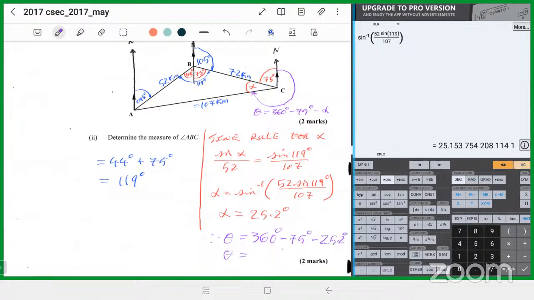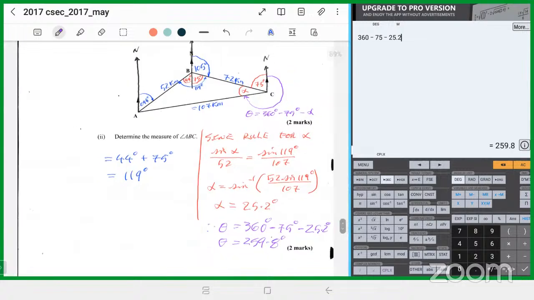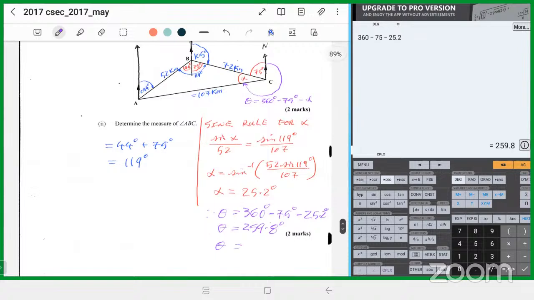So we're going to get 360 minus 75 and minus 25.2. And we get 259.8 degrees, which to 3 digits is 260 degrees. And that is shown.